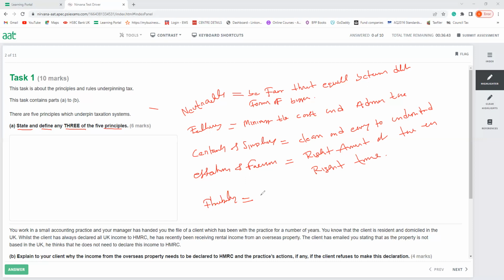So it has to change with the changes of technology. So there are the 5 underpinning principles for the taxation system. They're asking to explain 3, so you can take any 3 you like. But if you like to read in detail, you can always read that from the book.